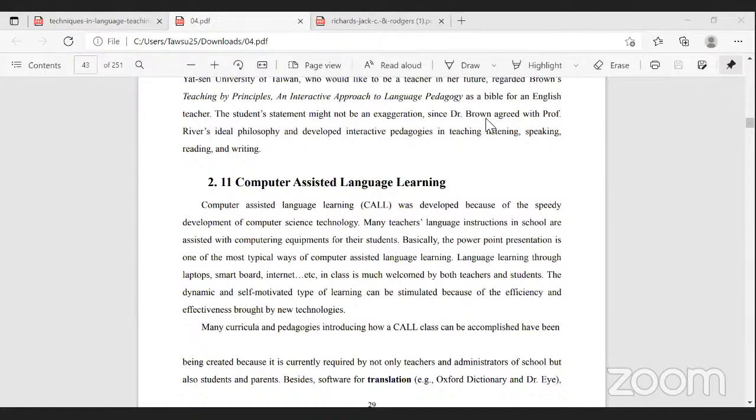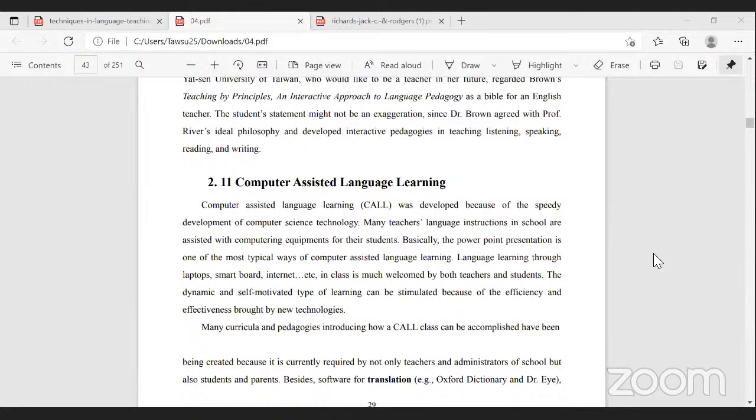Okay. So computer assisted language learning basically talks about learning a language through laptops, smartboard, internet, etc., in class, which is welcomed by both teachers and students. So it's a very dynamic and self-motivated type of learning, which can be stimulated because of the efficiency and effectiveness brought by technology.